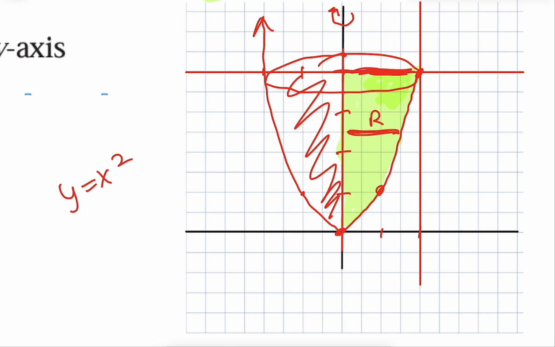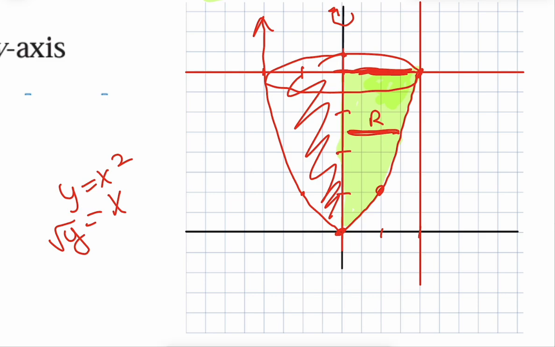But it has to be in terms of y because we're rotating about the y-axis. So the radius is from your axis out to whatever you hit that you're rotating. So it's not your height. So x would be the square root of y.